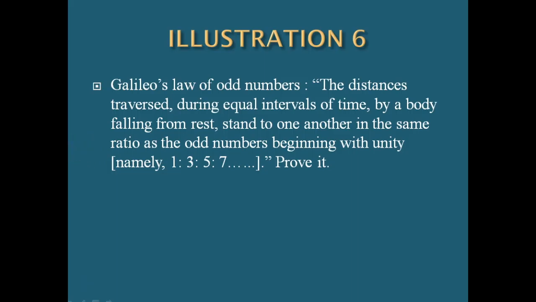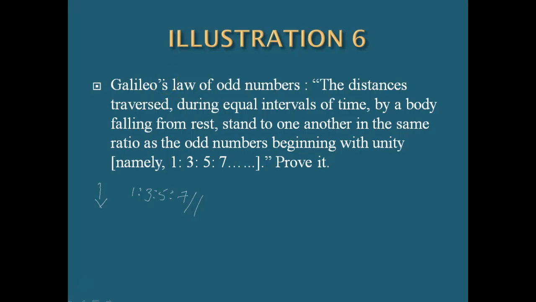Okay, the distance traversed by the body is in the same ratio as the odd numbers beginning with unity, that is 1 is to 3 is to 5 is to 7. That is what Galileo's law says.